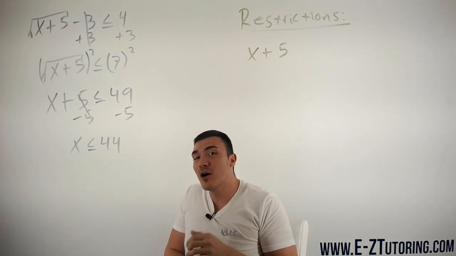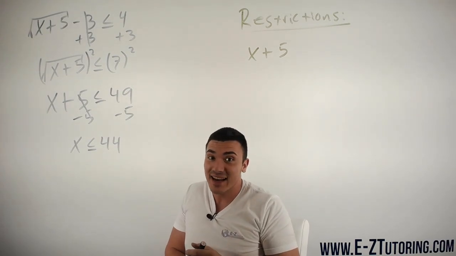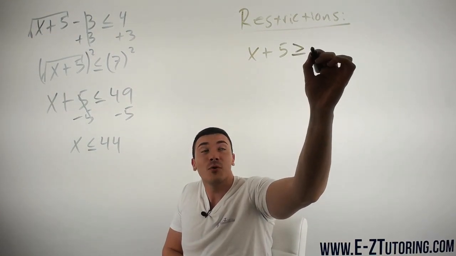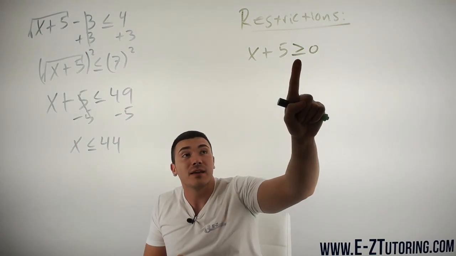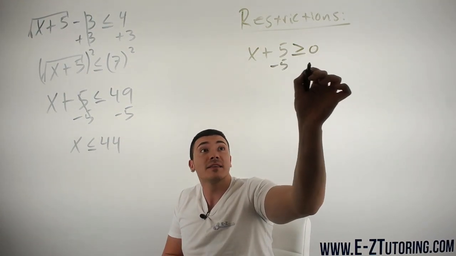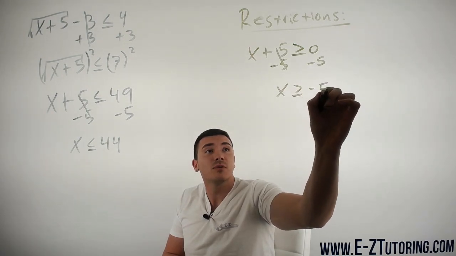So what is the smallest number you're allowed to have inside a square root? That answer is 0. You're allowed to have anything that is greater than or equal to 0. So we take x plus 5, set it greater than or equal to 0, and solve for x. We can do that by simply subtracting 5 on both sides. X is greater than or equal to negative 5.